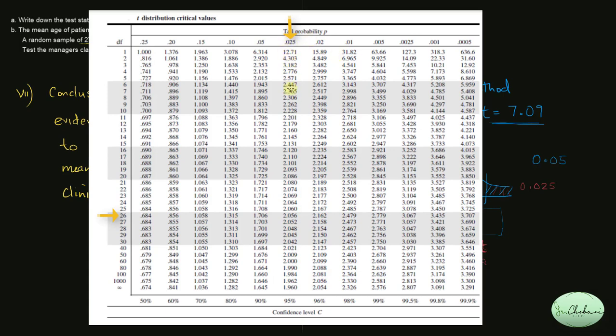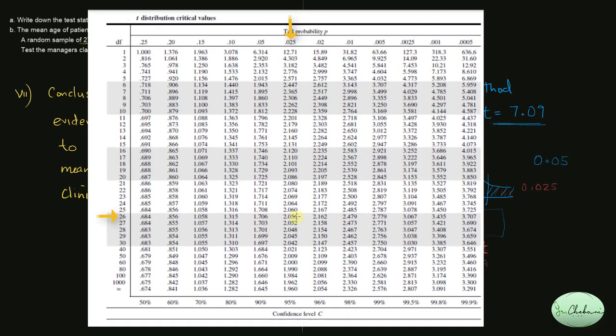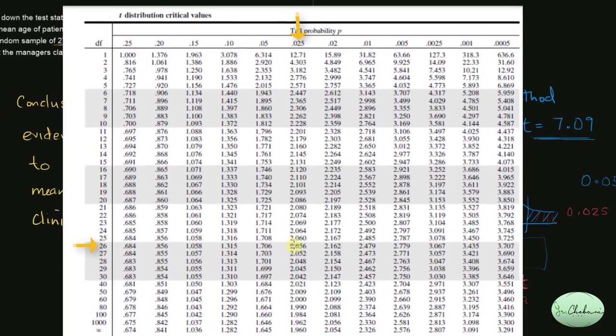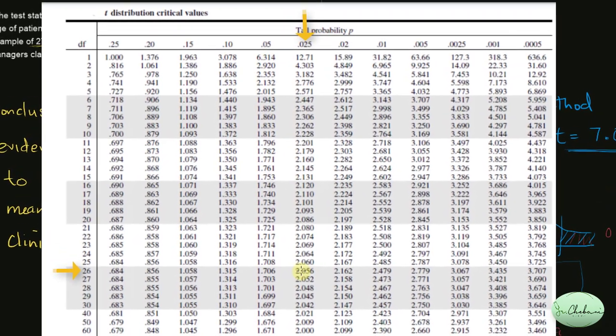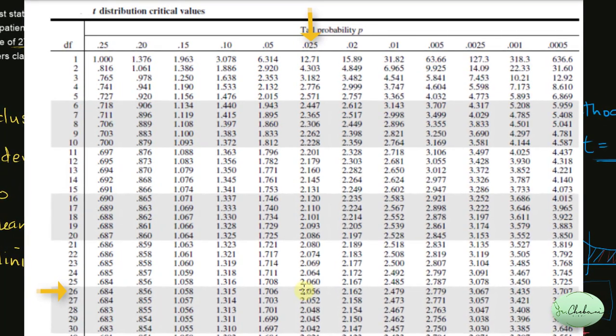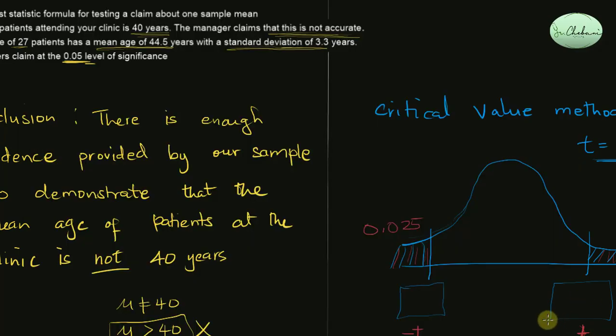Then we find where this part intersects with our desired degrees of freedom, and we can see that the critical value, the number we are looking for, where we have 26 degrees of freedom with an area of 0.025 on the right tail and an area of 0.025 on the left tail, since we are doing a two-tail test, is 2.056.